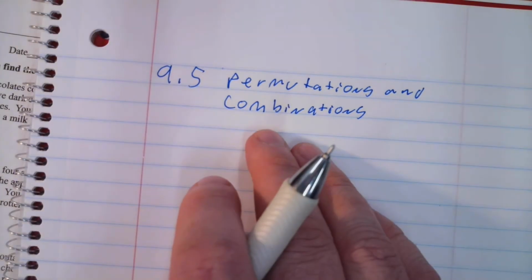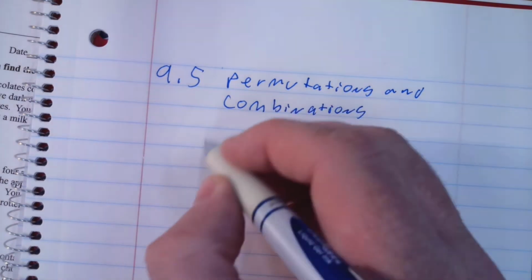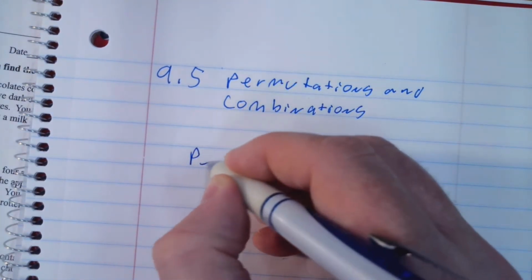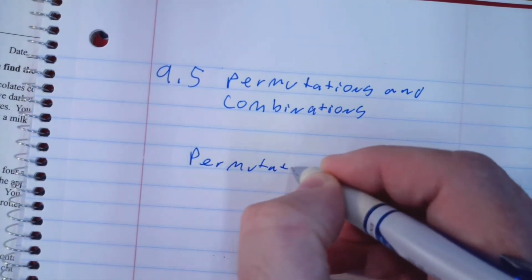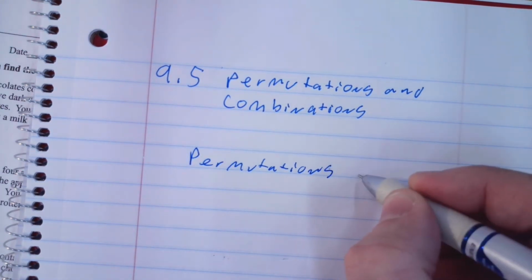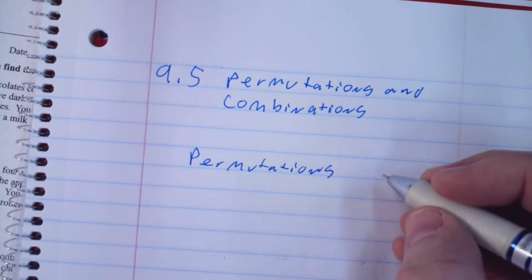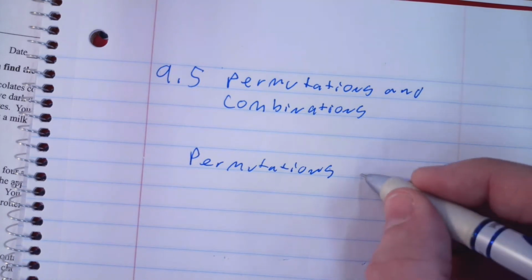Okay, a permutation is an arrangement of objects in which the order is important. So permutation is an arrangement of objects.